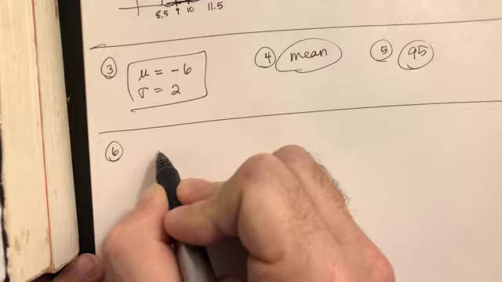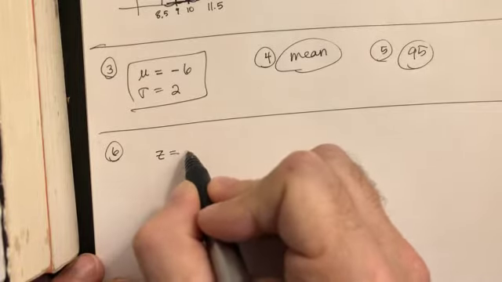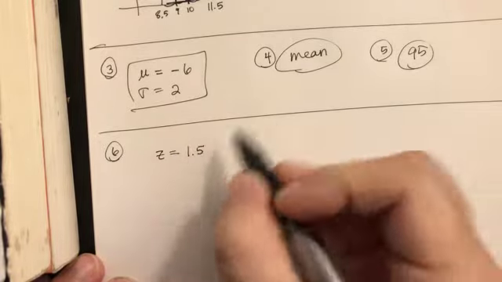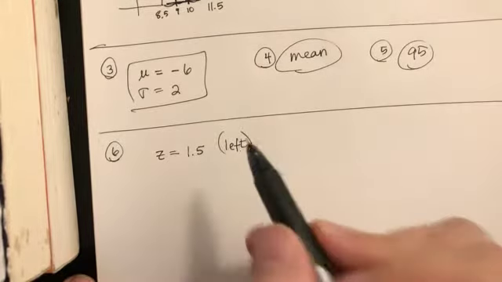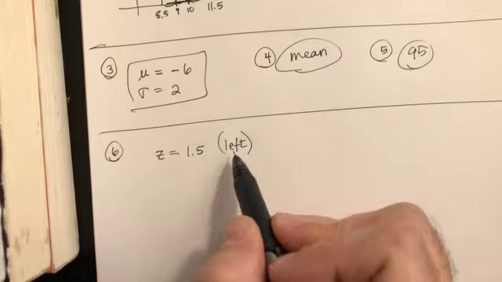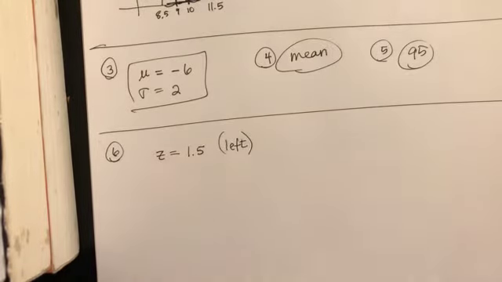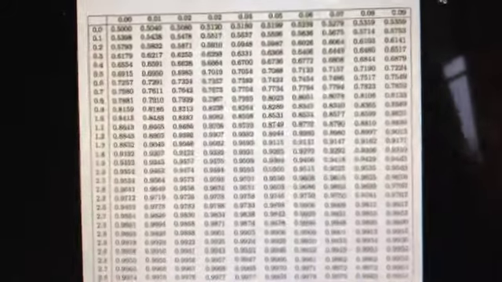Anyway, so here they give us z is equal to 1.5. And they want to know, what is the area to the left of it? Well, if we're looking at the left, all we got to do is look at the chart. So let's pull up the positive 1.5 chart. Here, I'll show you. So it's good that we have this little video that way you can see me using the chart.